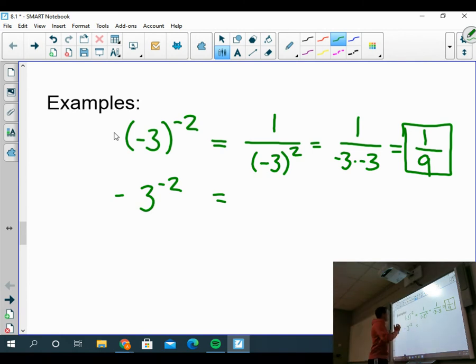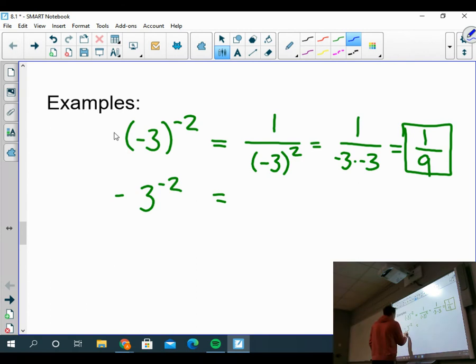In this first example, the parentheses take the negative and the 3 and make them a package deal and say, hey, if one of us is going to be put to the -2nd power, both of us are. But without the parentheses, okay, we no longer have that package deal. Without the parentheses, the only thing that is applied to the -2nd power is the base that is directly below and to the left of it.